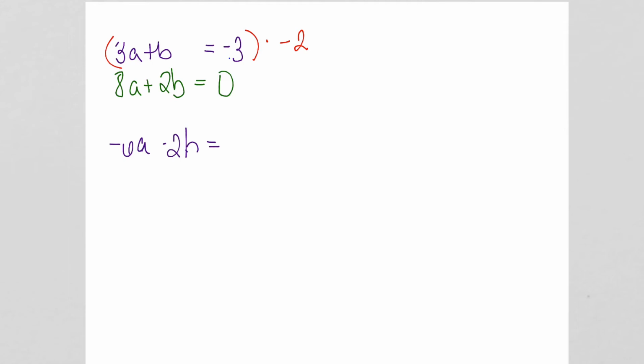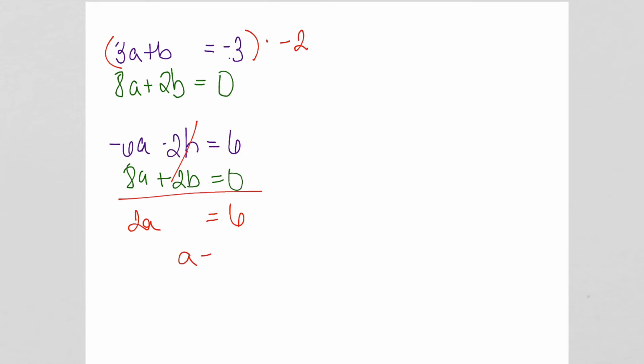Oh, yeah, my problem was wrong. So equals 6. And then we've got the second one, 8a plus 2b equals 0. So our b's will go away, and we have 2a equals 6.